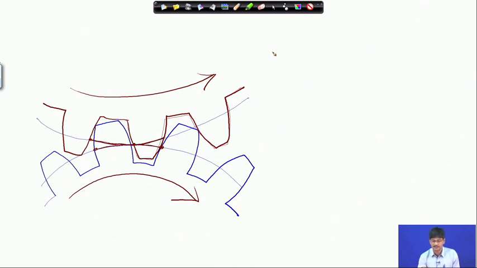So, we can write pitch circumference equal to pi dp, where dp is the pitch diameter. What is the pitch diameter? Pitch diameter of a gear is defined as that diameter of two gears in mesh. So, let me draw this.